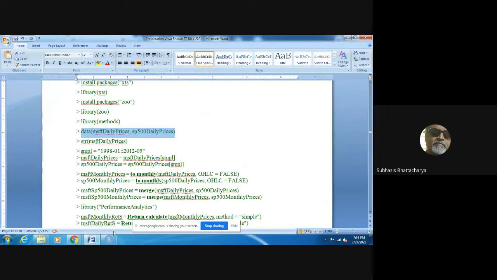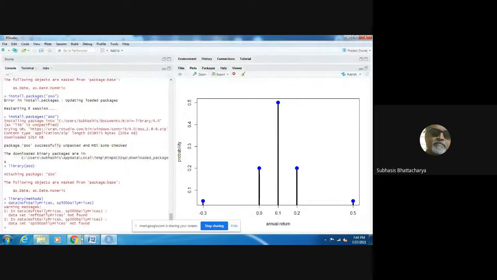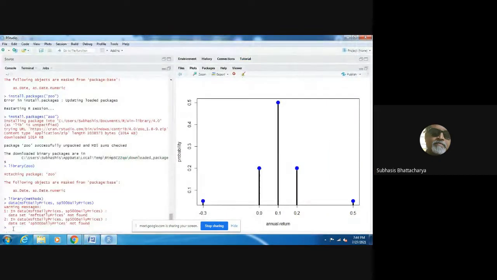These are actually done earlier. Same thing. These are the daily prices. It is already there, so it is showing something wrong. But for you, for the first time, I am mentioning this thing.